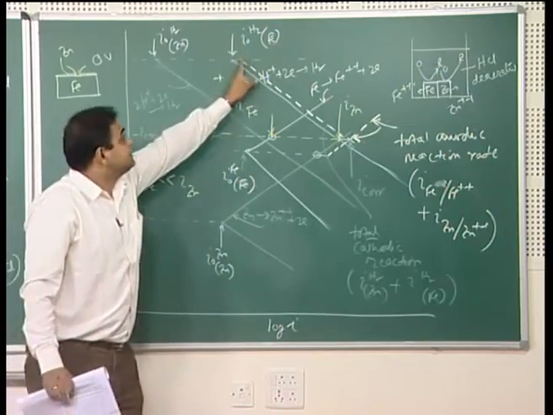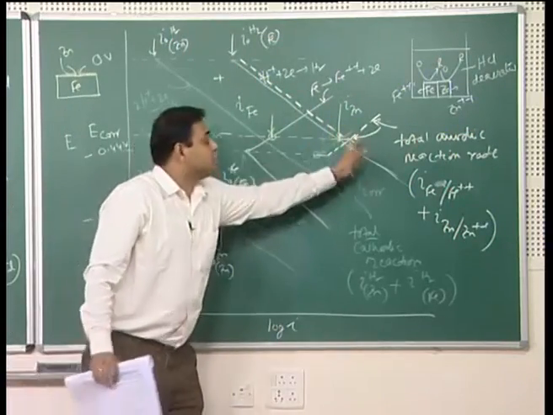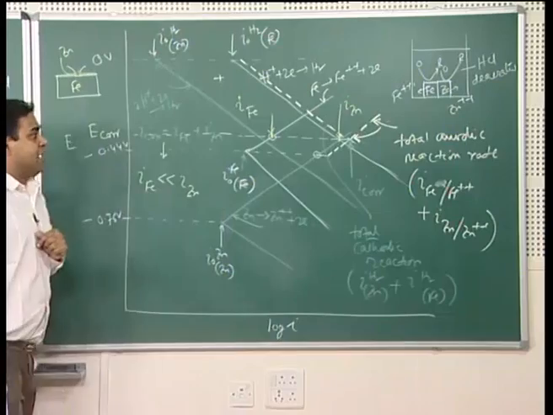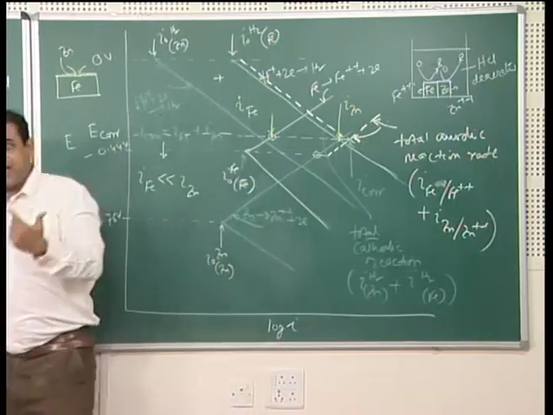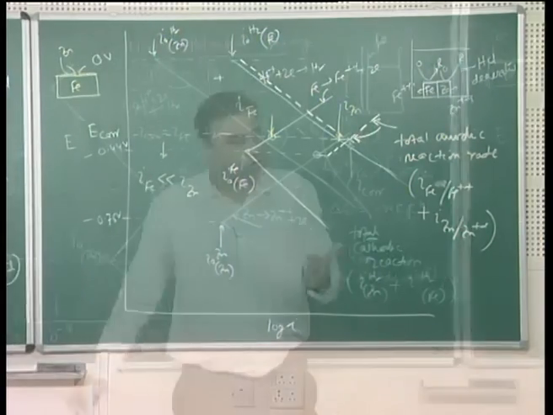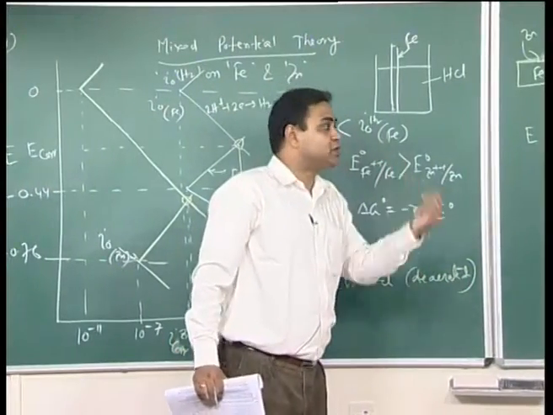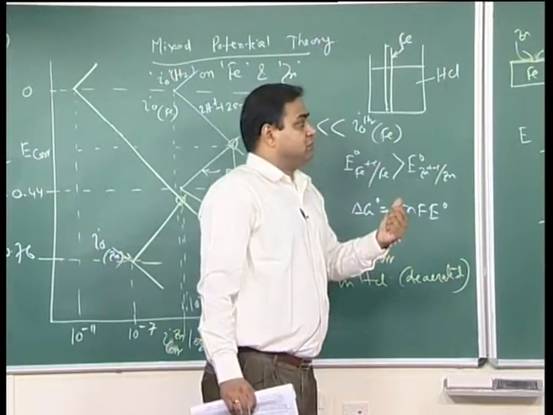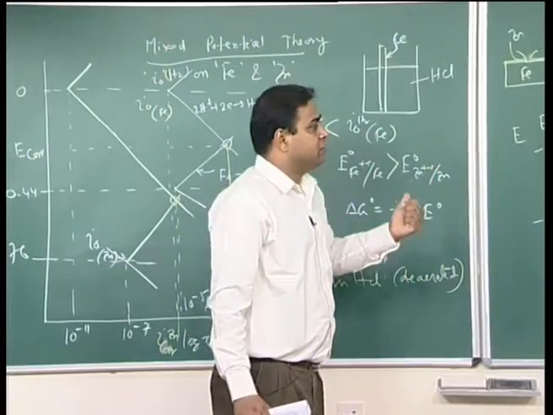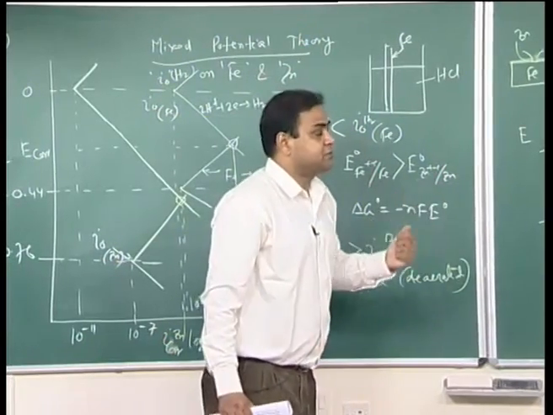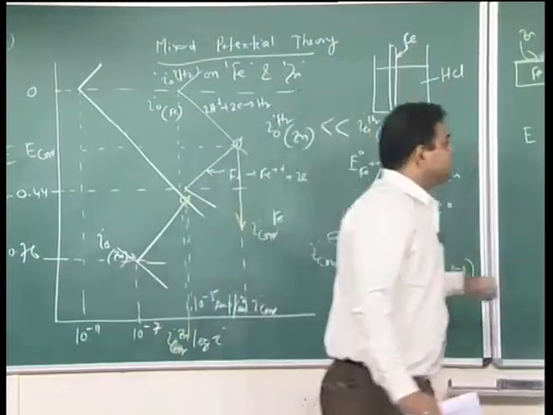In that case, this dotted line is my total reduction rate, and we have to see where my total reduction rate is equal to the total oxidation rate, or the rate at which electrons are generated would be equal to the rate at which electrons are consumed, fine. So, this is that point.